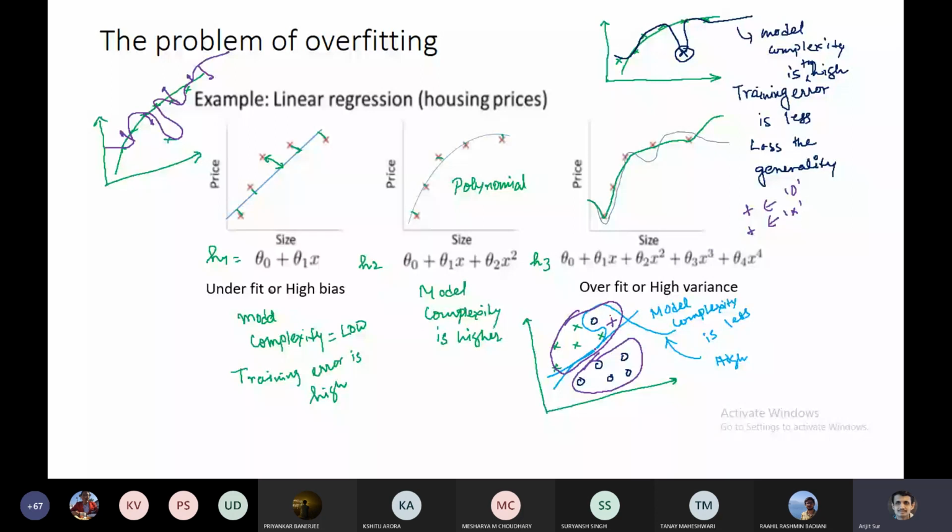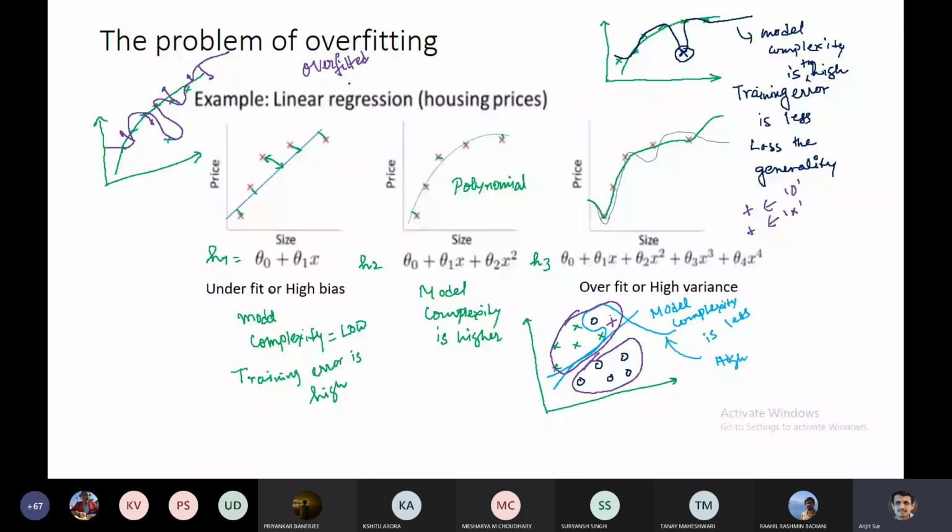In this case, there are symptoms in your training error and testing error. I will give it more formally, more mathematically in the next few slides. But from a simple understanding viewpoint, if the training error is very less but the testing error is not that good, then we say the model is overfitting or overfitted.